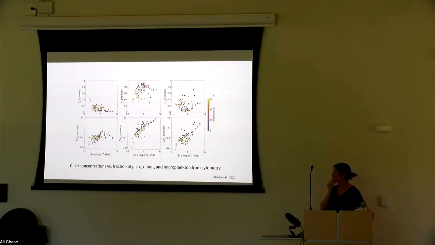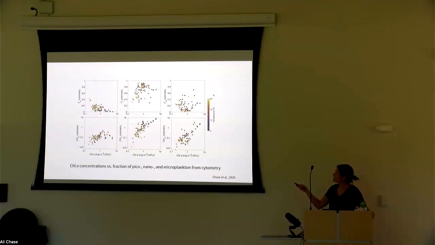So we did some work to evaluate how effective it is to define the size classes using pigments. And to do that, we independently assessed contribution to size classes using cytometry data. And 2 things to notice.